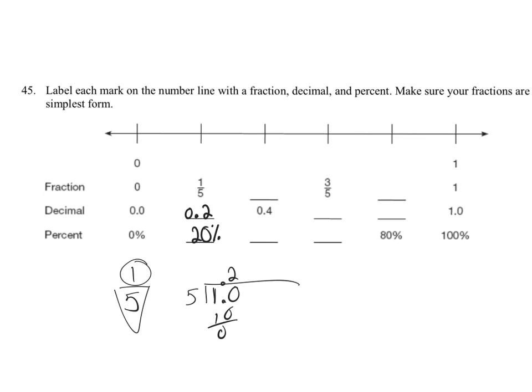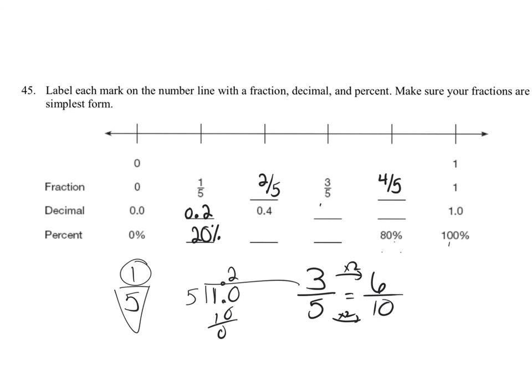So remember, number lines count by the same amount. So if this is 4/10, that would be 2/5 would go here, and 4/5 would need to go here, because it's got to count by the same amount. Okay, so we have 4, so 3/5. Another way you can do this is think about 3/5, and if I need to make this out of 10, that is times 2, which gives me 6/10.